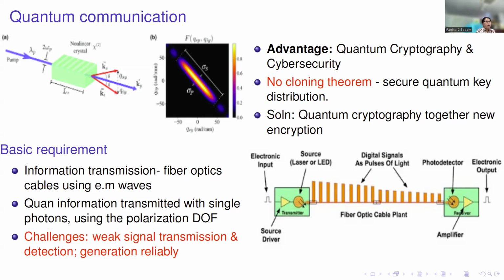Another thing we are going to use from quantum mechanics is the no-cloning theorem, which I discussed. Once we detect, we lose the information that was carried. So what people are trying to develop in this communication process is quantum cryptography with new encryption, by developing the single photon source and the detection efficiency. The left side shows how we generate the entangled photon pair.